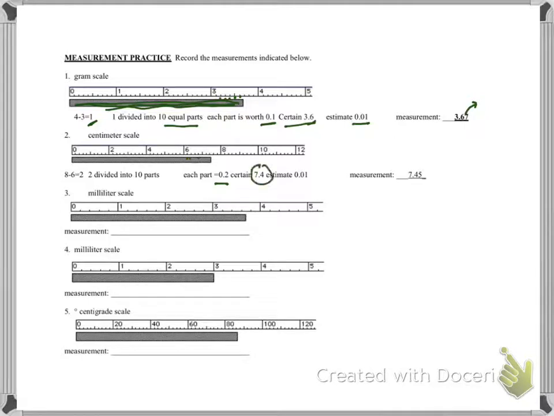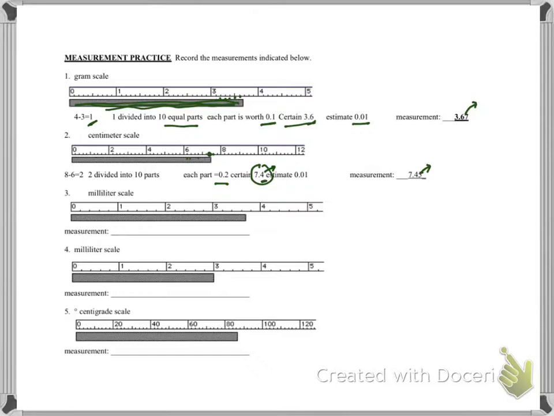We are certain about 7.4. Means we are certain up to one decimal place. That means one number after that is going to be my estimate. So again, since it is between this and this number, you think of the 10 equal parts in between these two, and then put the last number as your estimate.